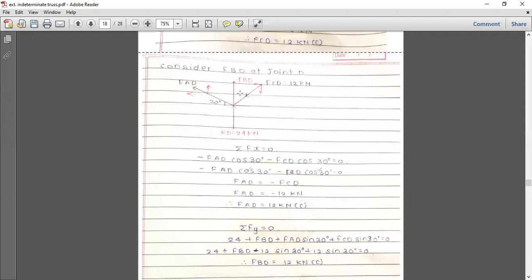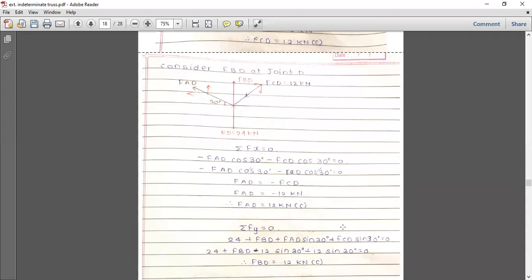So here write down this 24 going upward, that's why positive, plus 24 plus FBD plus FAD sine 30, and this is minus 12, that is FCD is 12 kilonewton, minus 12 sine 30. Okay, so we have written the expression for summation Fy.